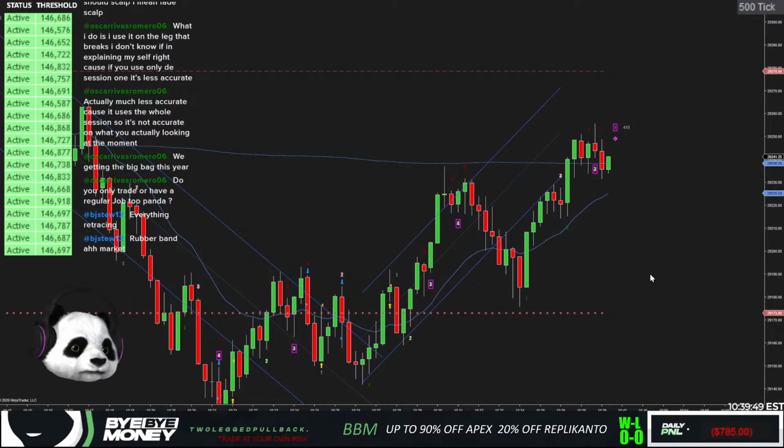Retracing a little bit now. Not by much. Okay, there's a retracement.